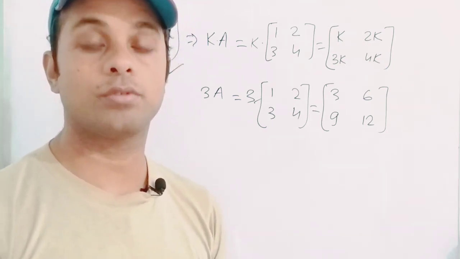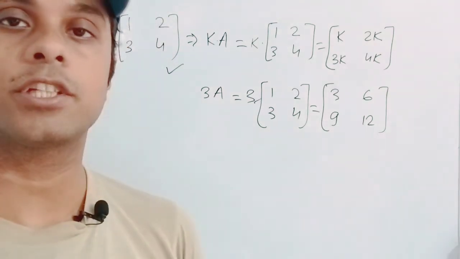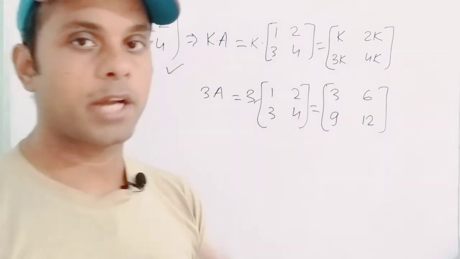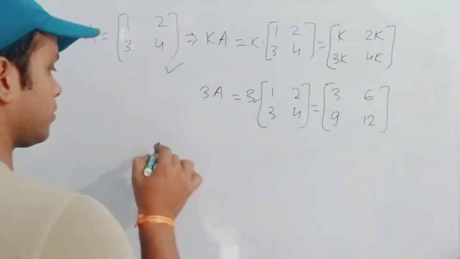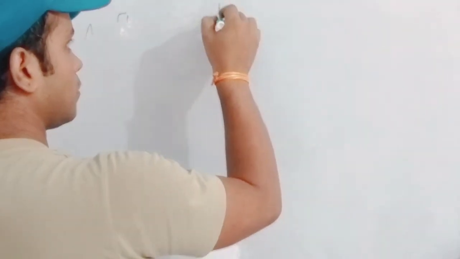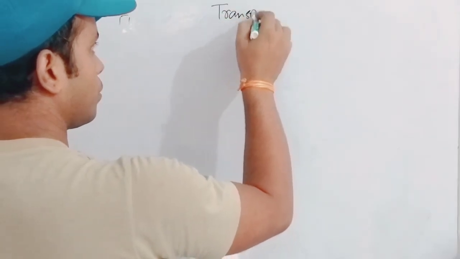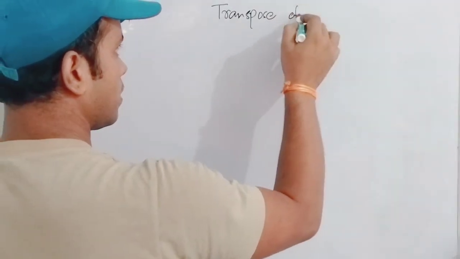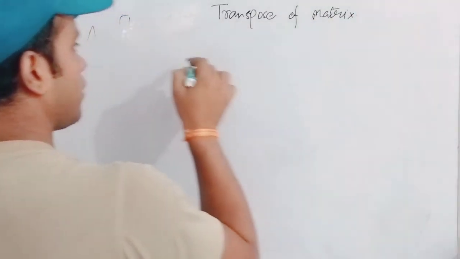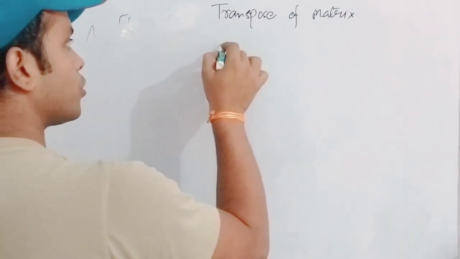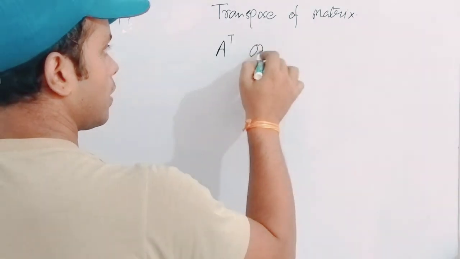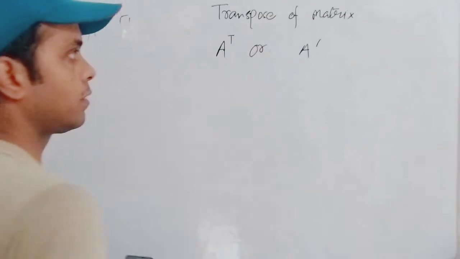Now next topic is transpose of a matrix. How to find transpose of a matrix and what is transpose of a matrix? So I tell you, transpose of a matrix is written as follows. If A is a matrix, then its transpose is denoted by A^T or A dash.